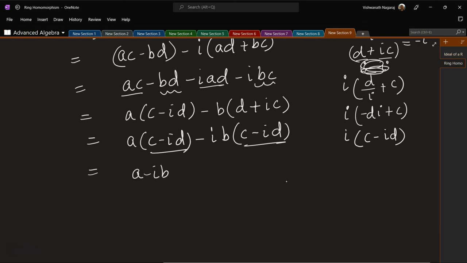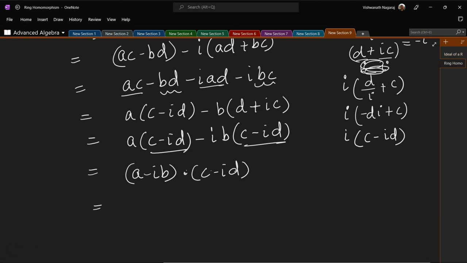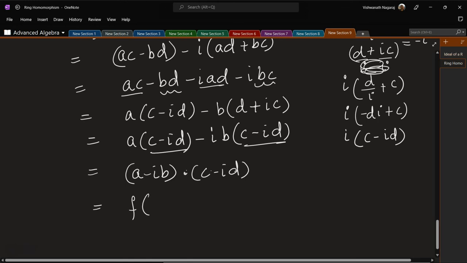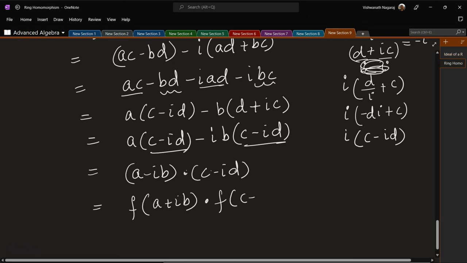A minus iB times C minus iD. Now A minus iB is in the second ring, so that means it is a conjugate of something. So we can write it as f of A plus iB times f of C plus iD, which is nothing but our right hand side.